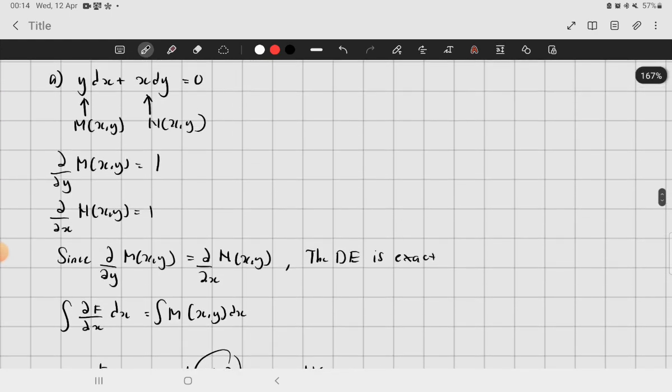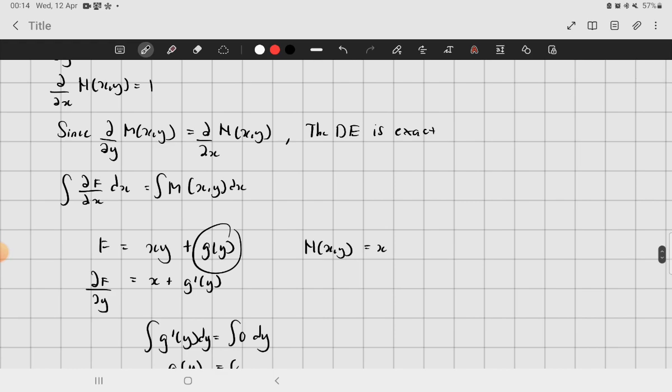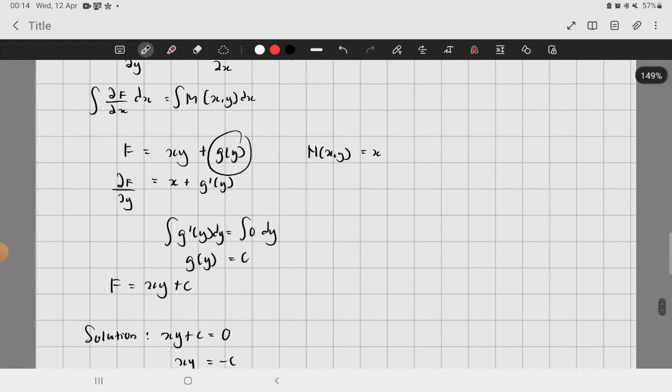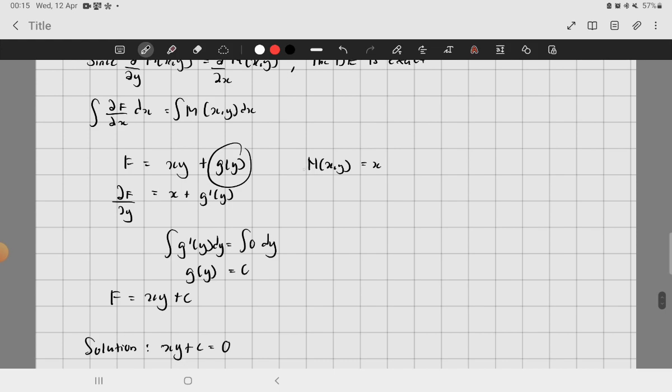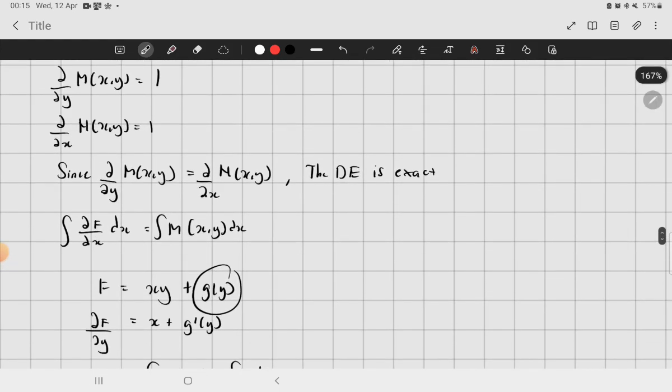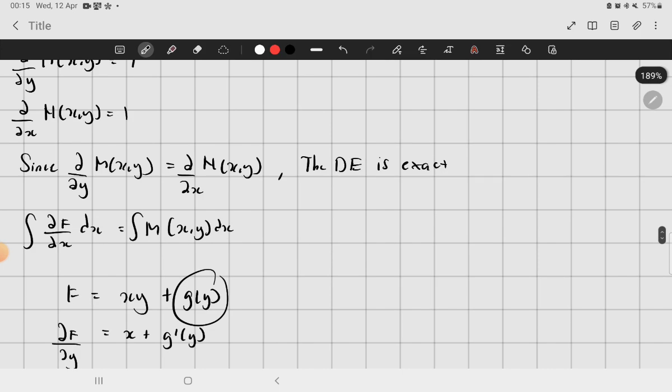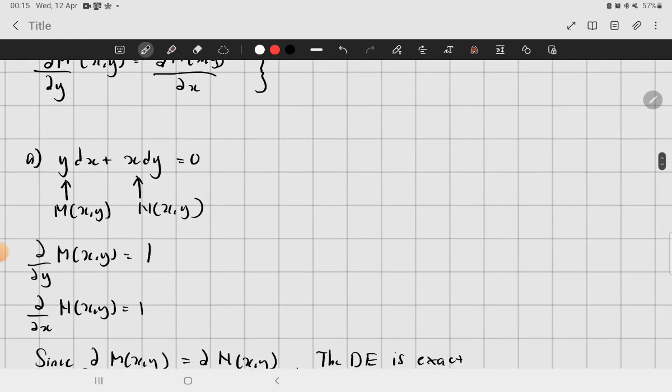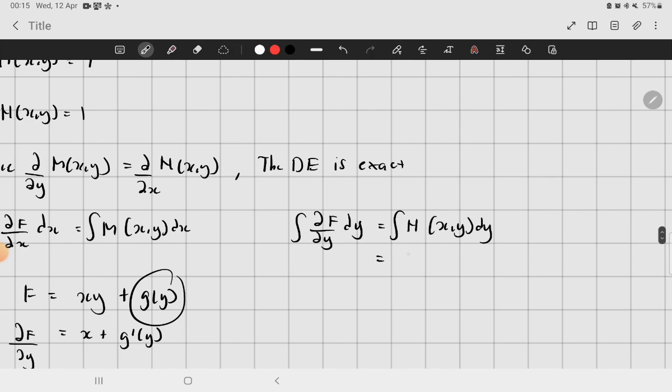so like I said, I want to try, I never tried this before. Let me try and integrate this in respect of y first, and then I differentiate partially in respect of x. So let's say df dy is equal to, you integrate the function of n in respect of y, then go back here, your function of n will be x, so basically integrate a constant, you will have xy plus g of x.